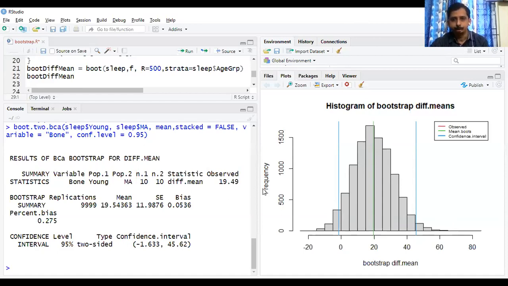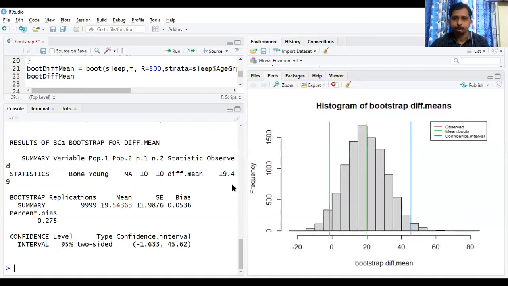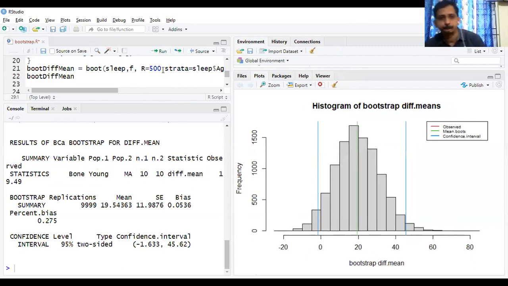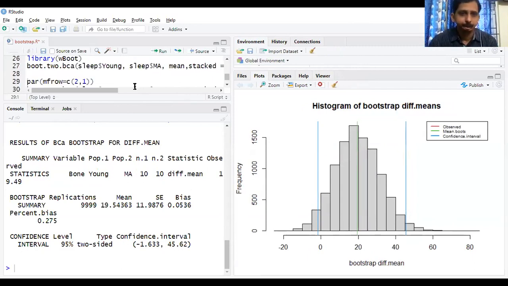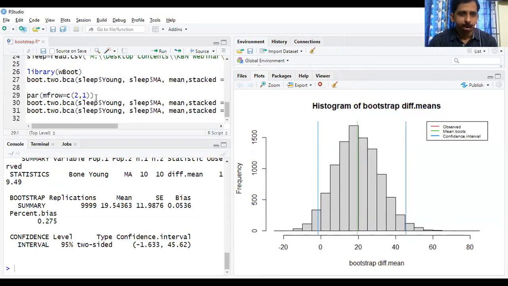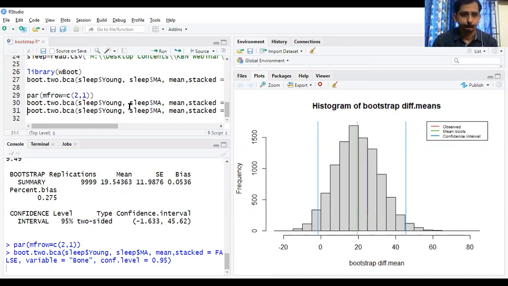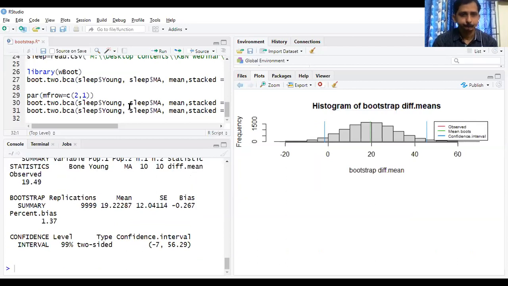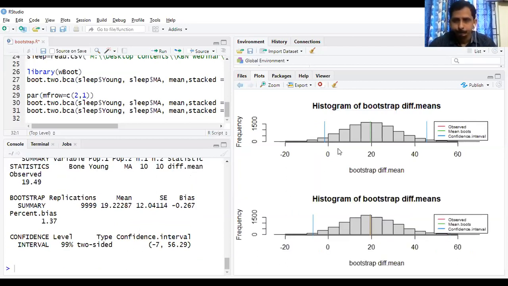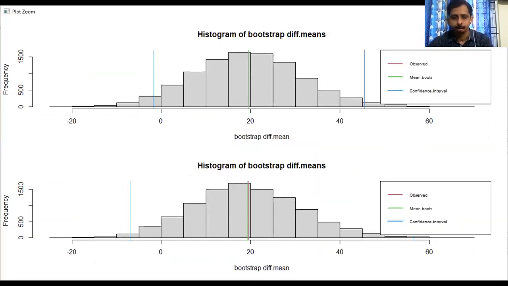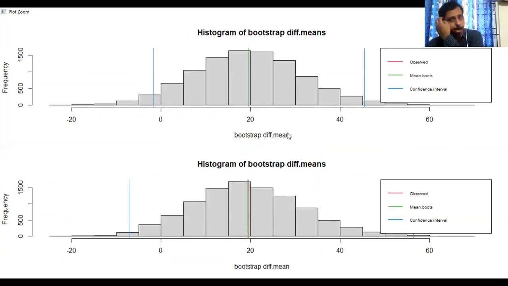Now let us do something more. I want to show you the variation with respect to the confidence interval. Now my interest goes here. Look at this.